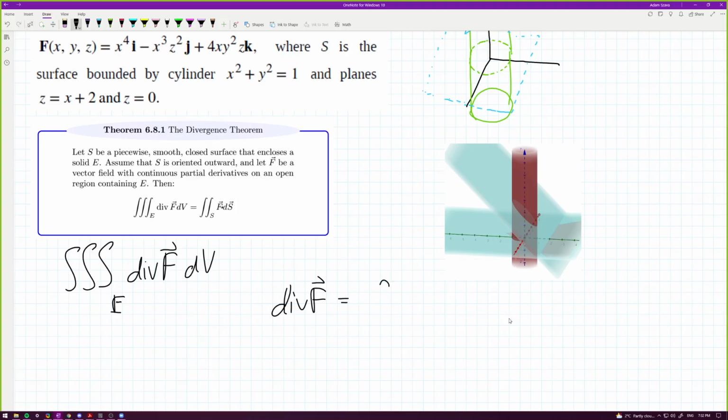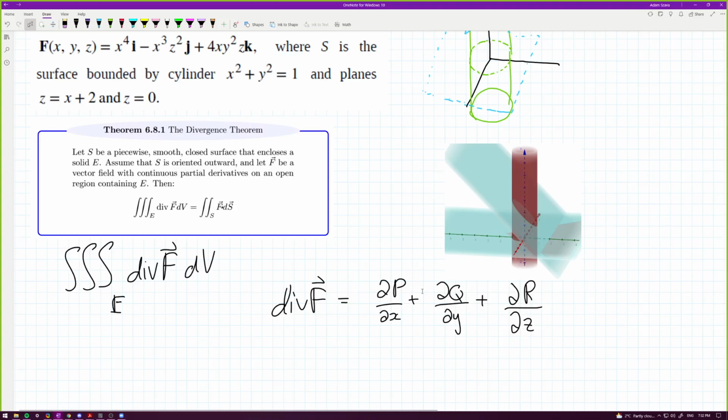So it's the partial derivative with respect to x of P, plus the partial derivative of Q with respect to y, plus the partial derivative of R with respect to z. Make sure I get that right.